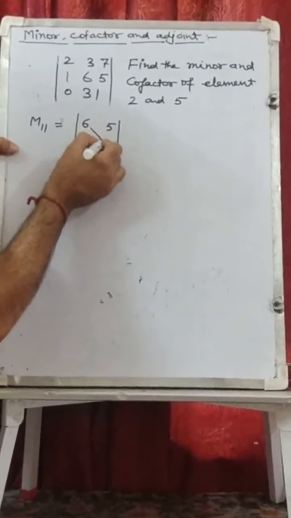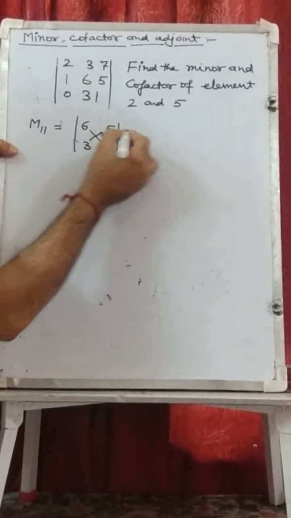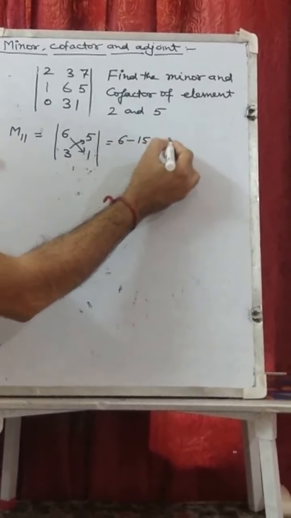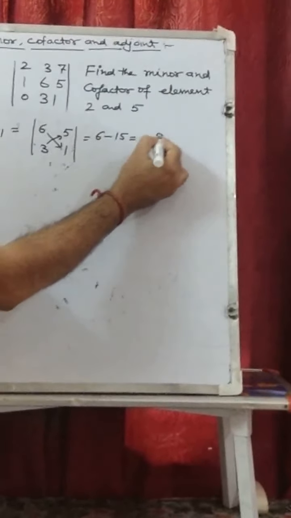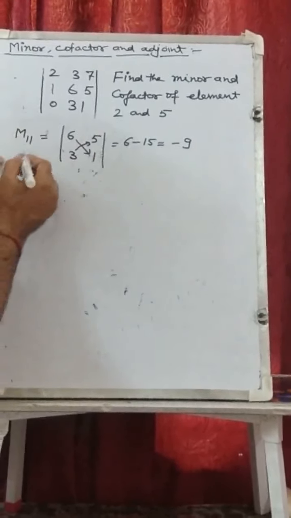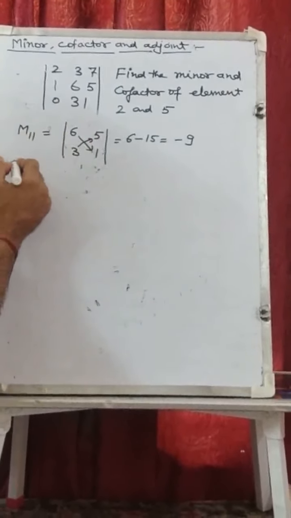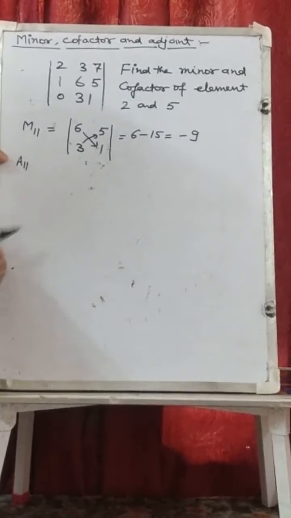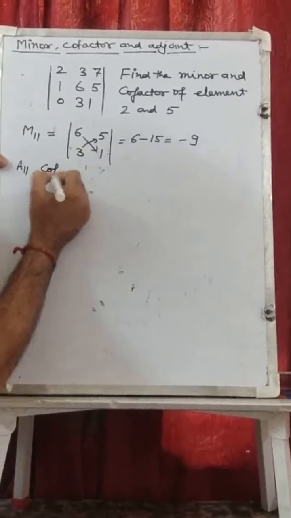And this is equal to 6 minus 15, that is equal to minus 9. Now A11 means cofactor of 2.